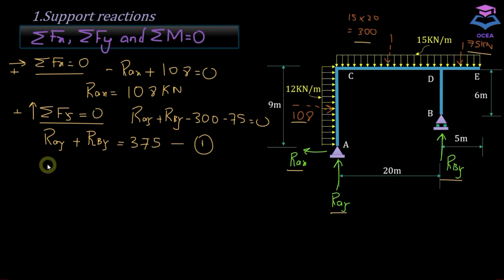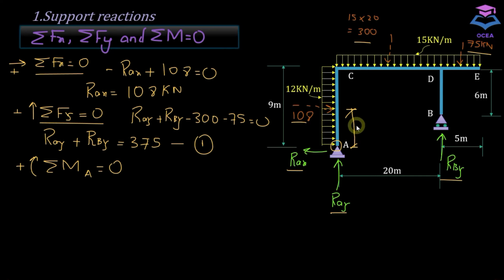Now let's apply the last condition of equilibrium, that is summation of moment about a particular point equals 0. Let's take the sum of the moment about this point, A point, and take clockwise moment as positive. So we know that moment is force times distance. Let's try to find the perpendicular arm distance for each force.